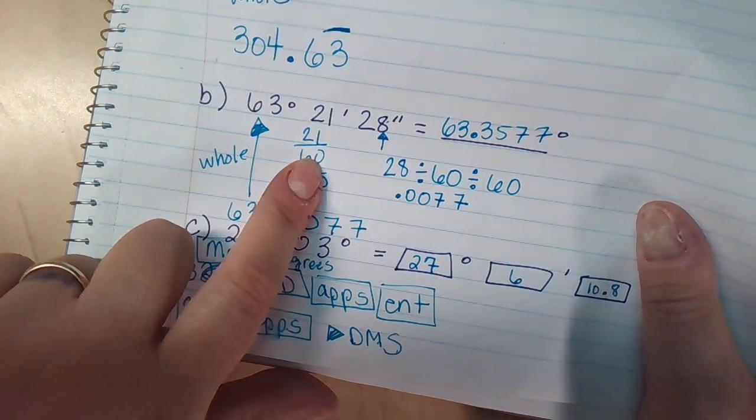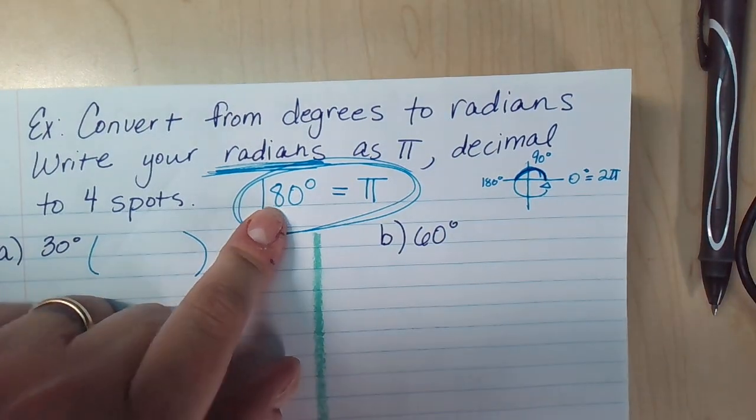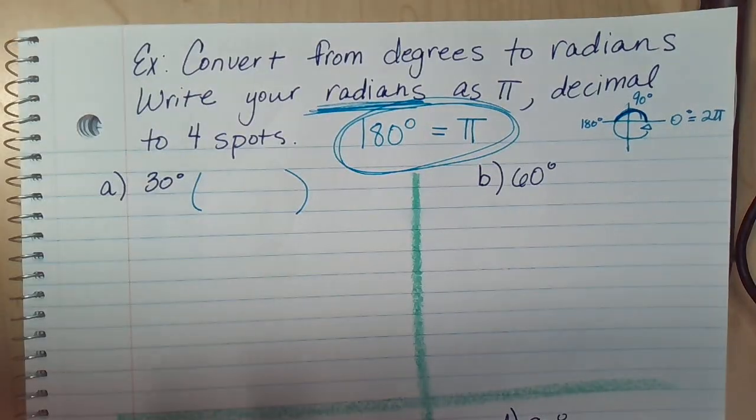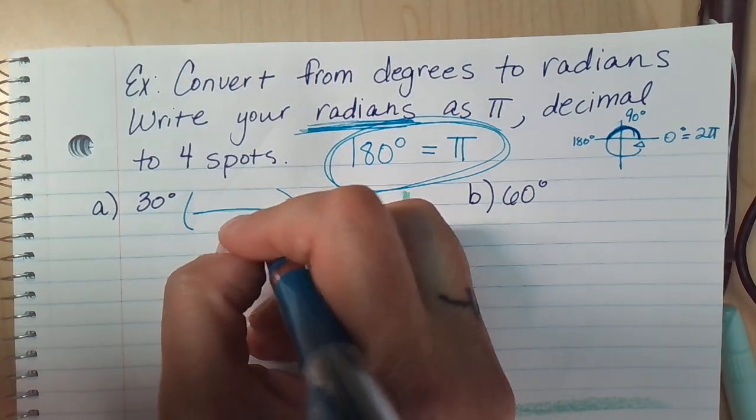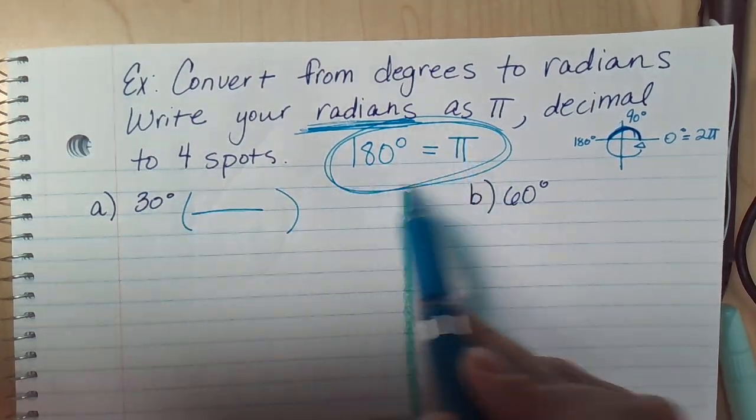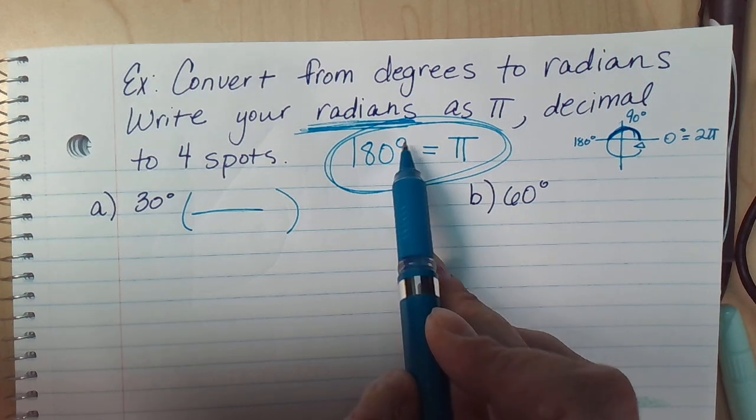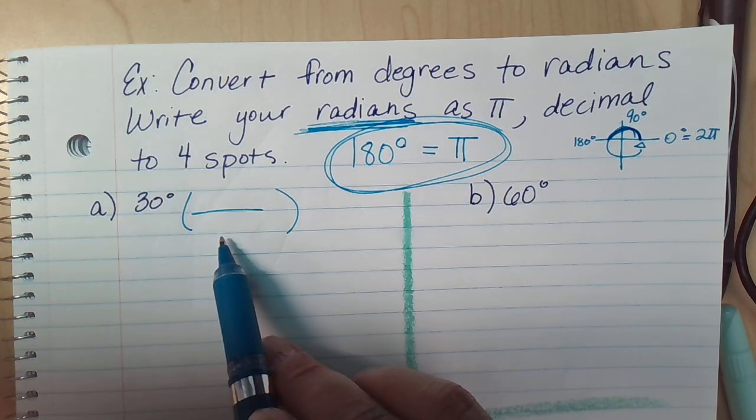You remember when we were changing minutes to seconds or whatnot, we were dividing by 60. Here, we're going to deal with 180 and pi. That's our conversion factor. So to get this degree to cancel, we want to put whatever is from our conversion that has the degree in it down below.